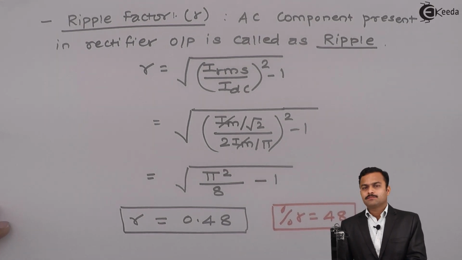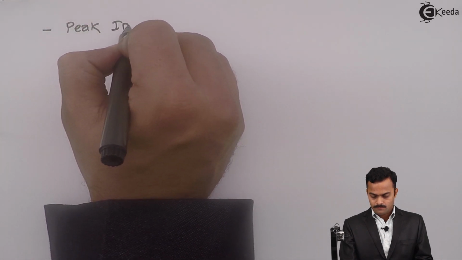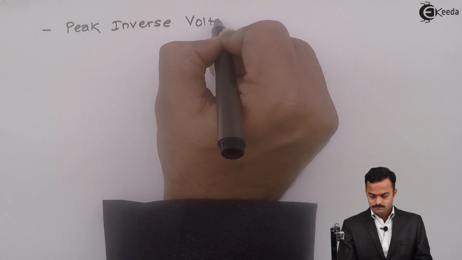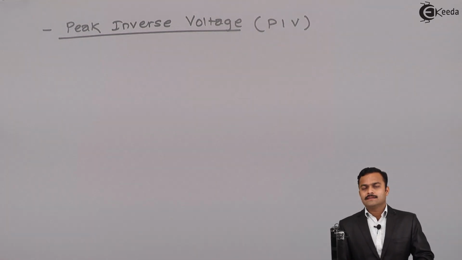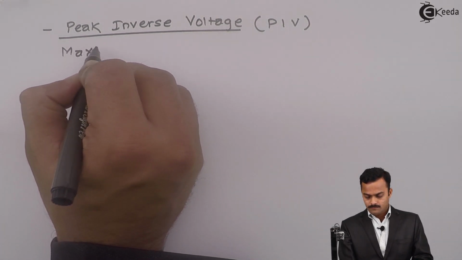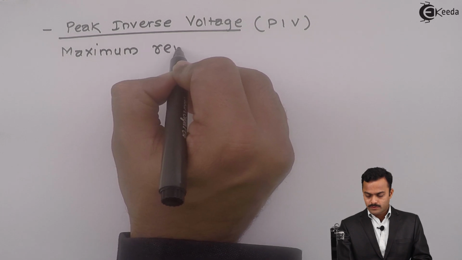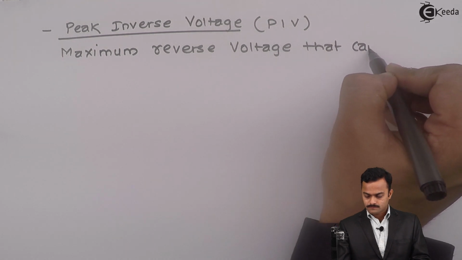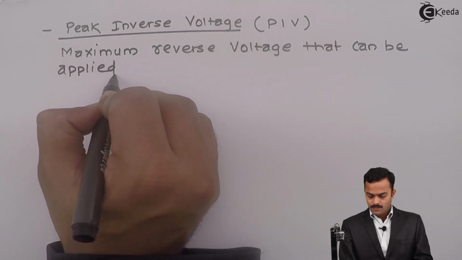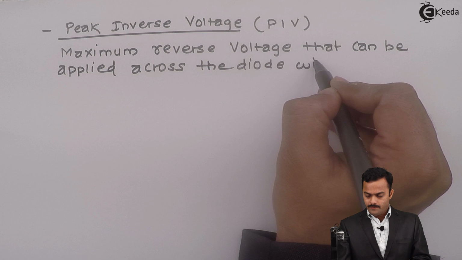Let us go to the next performance parameter, and that is peak inverse voltage of a diode, PIV. It is defined as the maximum voltage in reverse direction. So, I would say maximum reverse voltage that can be applied across the diode without damaging it.